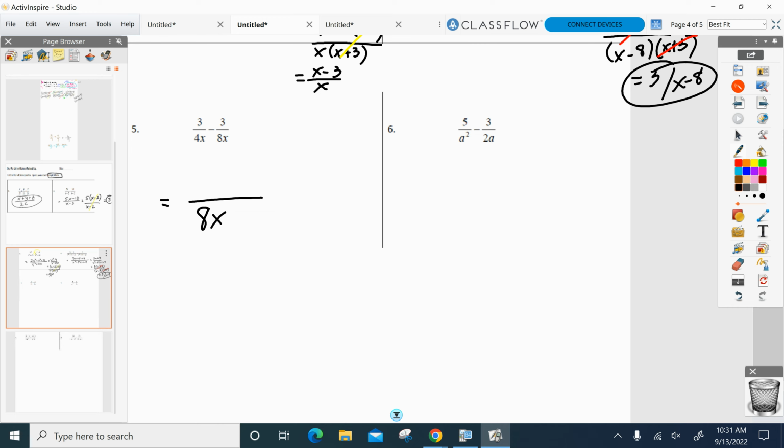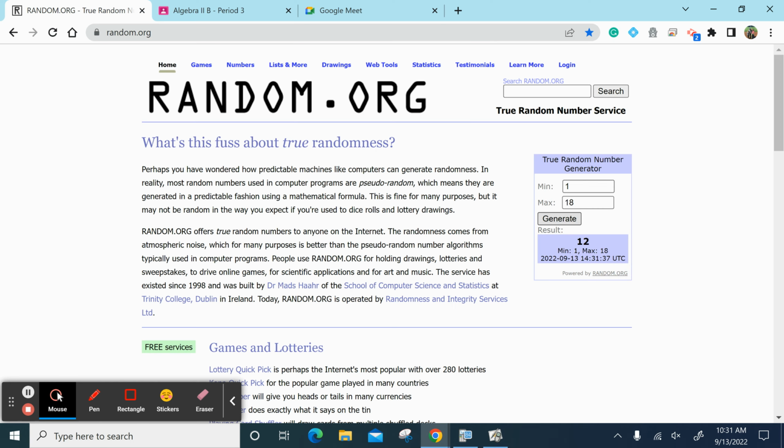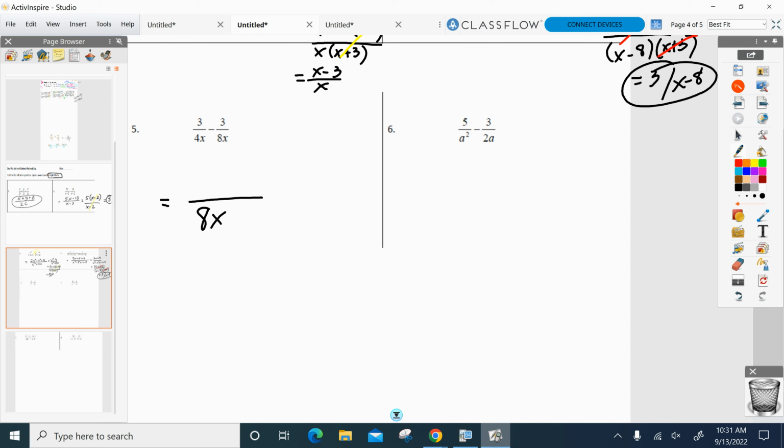So now you have to figure out what do I multiply each fraction by to get a common denominator of 8x. What's in the denominator of the first fraction? First fraction, what's in the denominator?